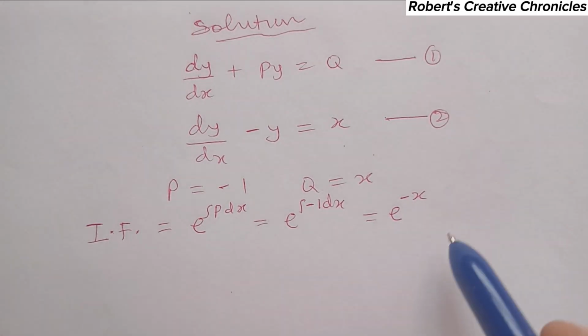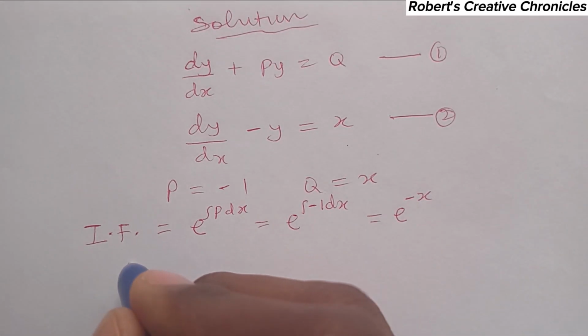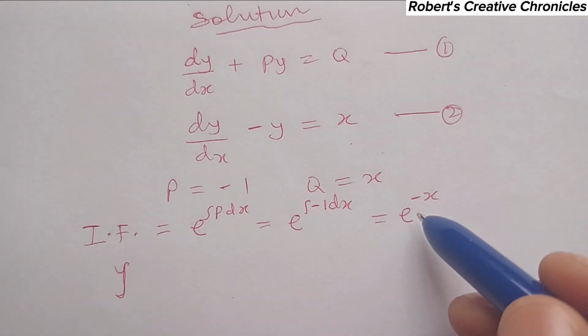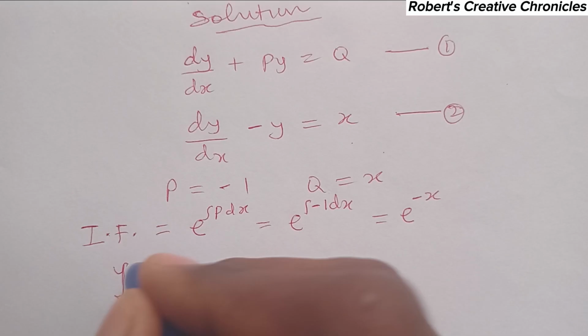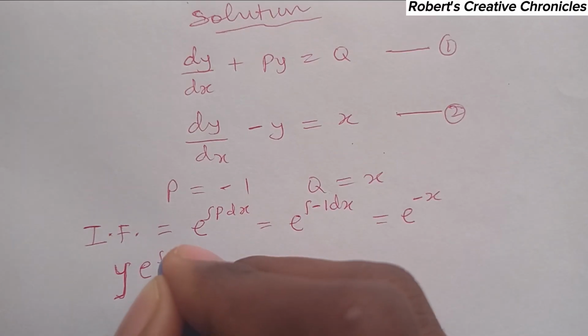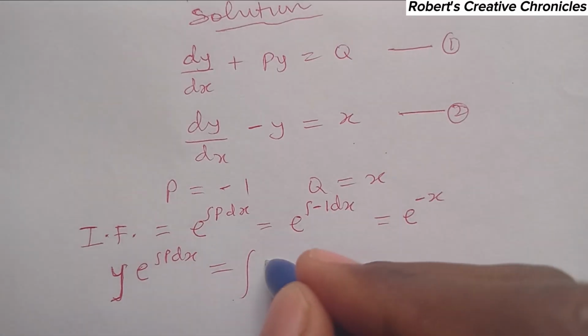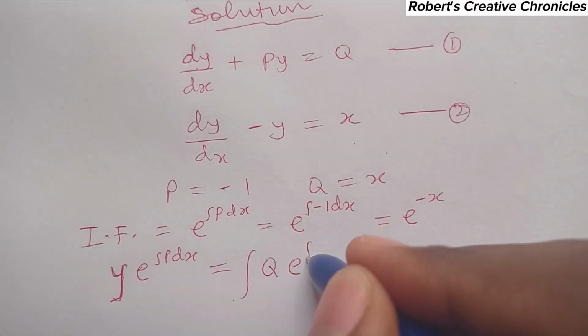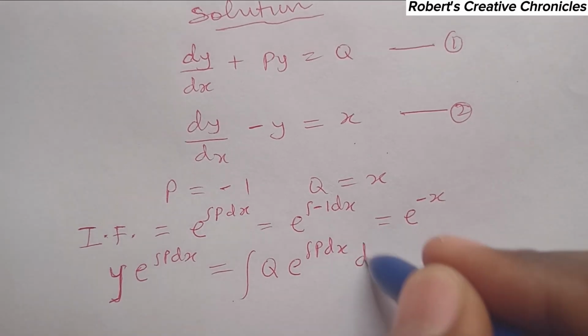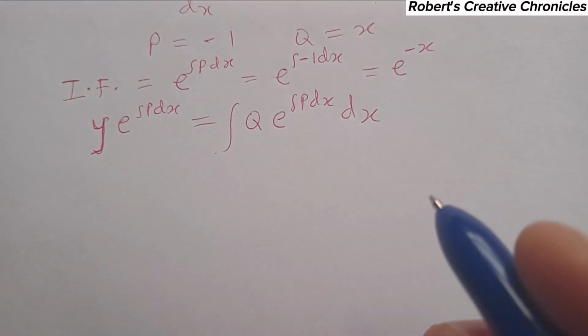This is our integrating factor. Then we'll substitute this integrating factor and Q in this equation, y times the integral of P dx is equal to the integral of Q times the integrating factor. So this is the equation we're going to use to solve this linear differential equation.